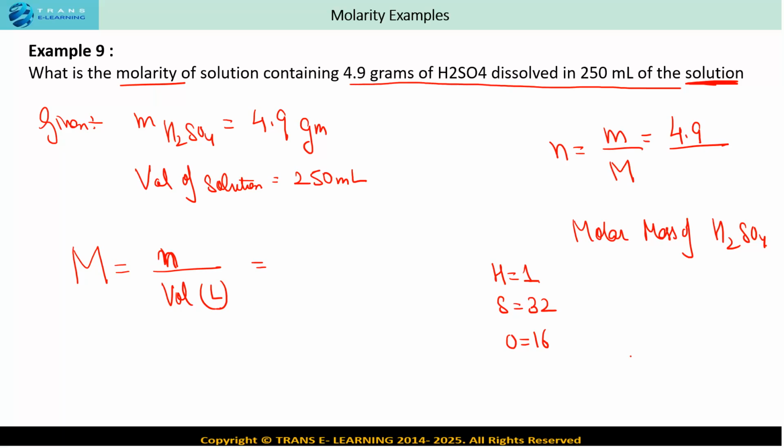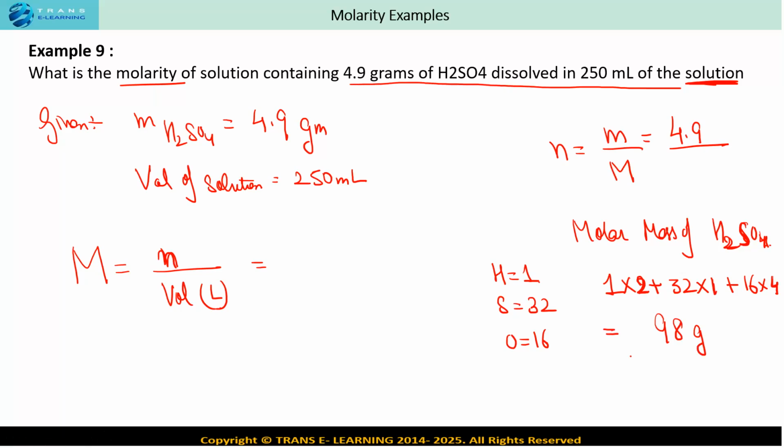So that means 1 into 2 atoms of hydrogen, plus 32 into 1 atom of sulfur, plus 16 into 4 atoms of oxygen. Hydrogen has 2 atoms, so we multiply by 2. Sulfur has just 1 atom, so we multiply by 1. Oxygen has 4 atoms, so we multiply by 4. We are going to get 98 grams.